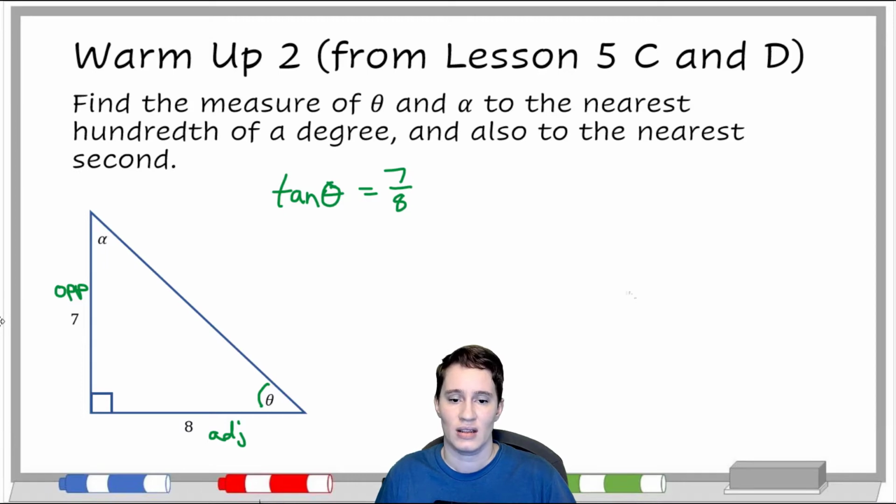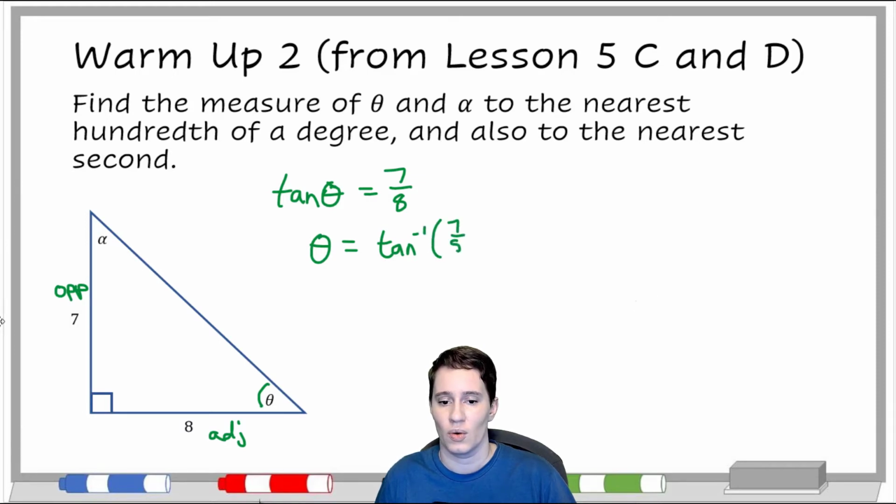So to find theta, if you remember from lesson 5, we use the inverse tangent. On our calculator, we do the tan^-1, or the way that Math U-See writes it in the book, arctan, I assume partially out of laziness because it's easier to write arctan than to get a -1 exponent, but I could be wrong there.